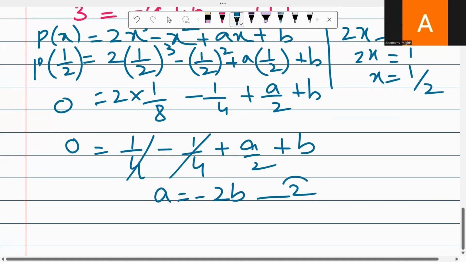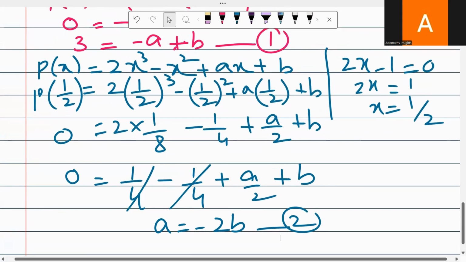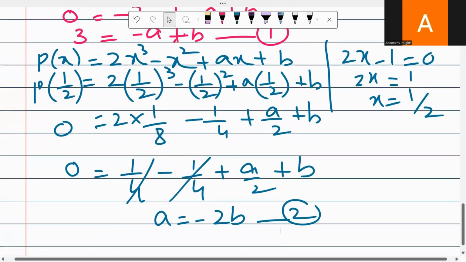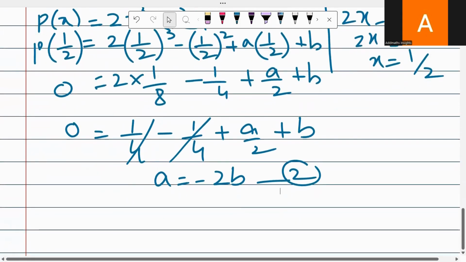Now you have another equation. Now you solve these two equations simultaneously, which is 3 is equal to minus a plus b. So you substitute the value in equation number 1. 3 is equal to minus a plus b, so you substitute the value minus 2b plus b.